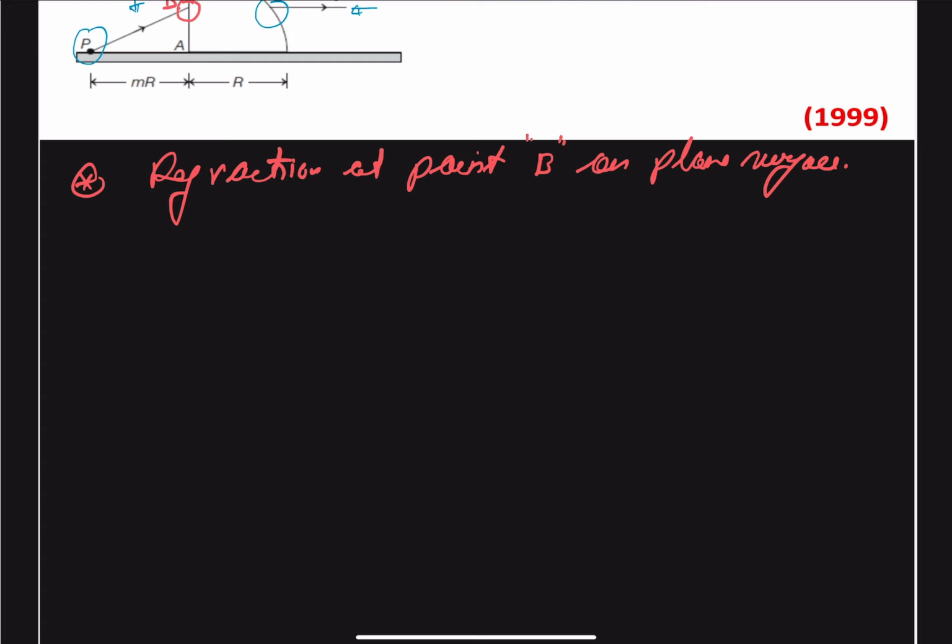So we can use the formula mu2 upon V minus mu1 upon U is equal to mu2 minus mu1 upon R1, let us call it R1, to differentiate it from R. We are given that mu1 is 1, we are given that mu2 is 1.5, and the position of the object, that is U, is given as mr, and that will be minus mr. And here it is a plane surface, so our R1 will be equal to infinity.